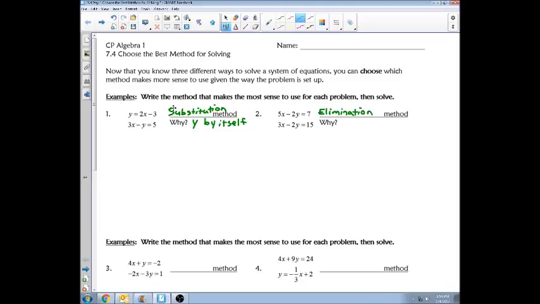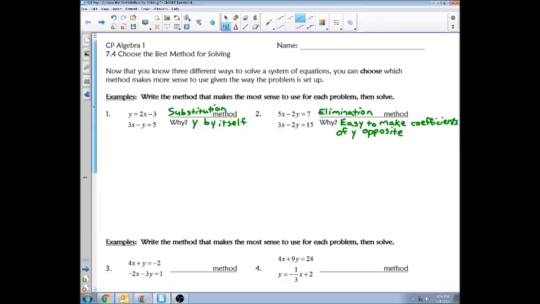The reason why is it will be easy to make the coefficients of y opposites. We'll talk about exactly how we do elimination again here in 1 second.